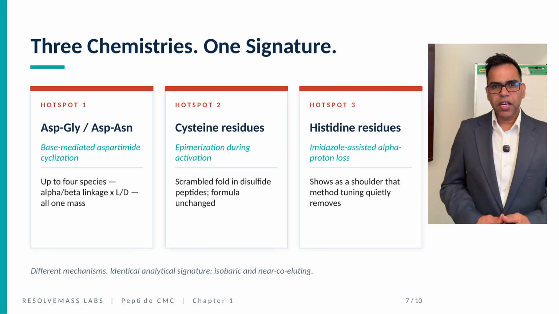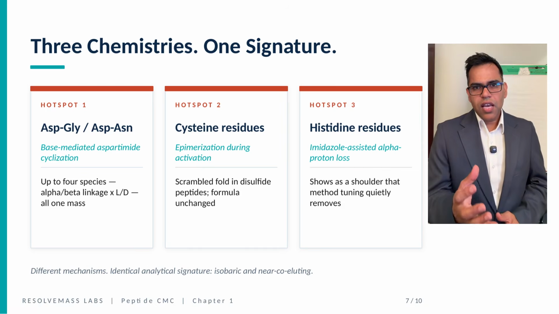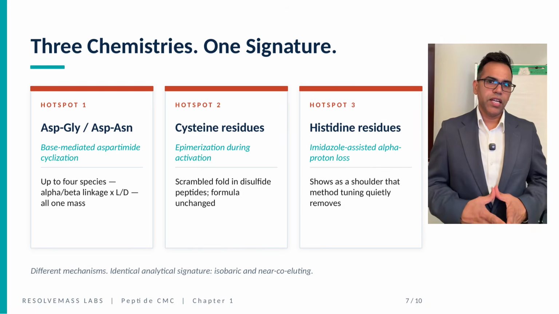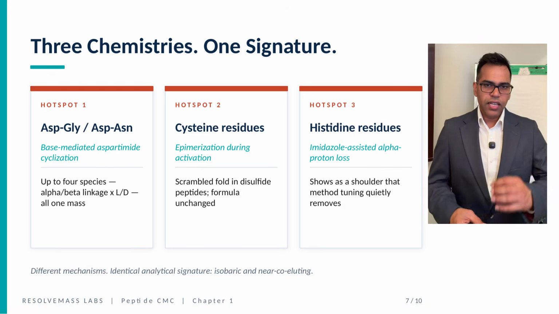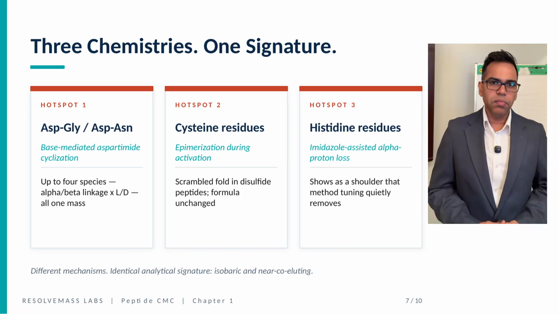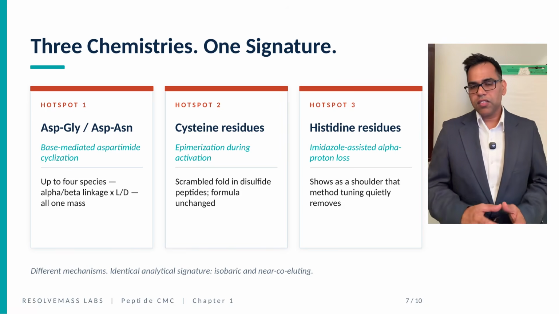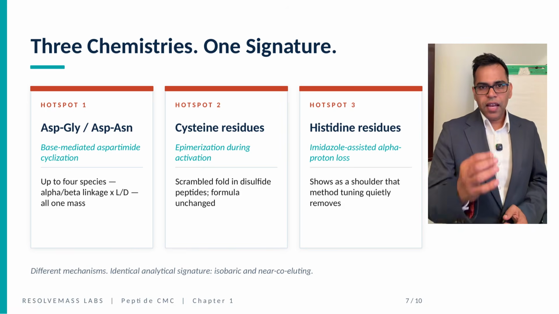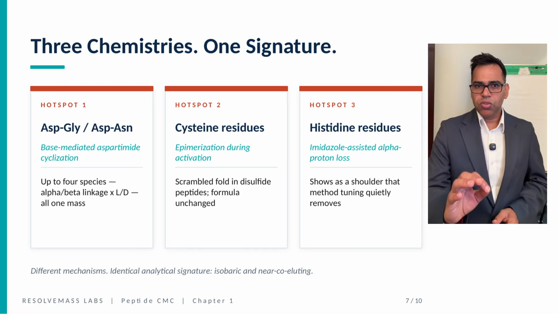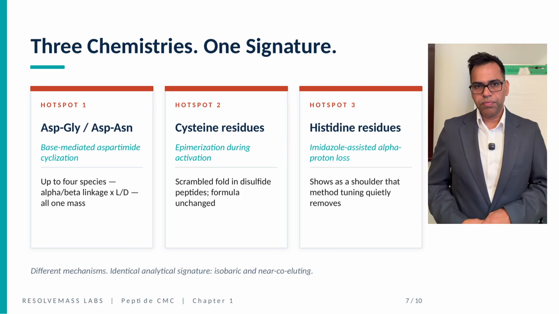Histidine epimerization usually appears as a shoulder that method development quietly optimizes out of view. At Resolve, we have worked with sponsors who arrived with a validated purity method and one unexplained shoulder and left with a chiral amino acid analysis and an impurity story a reviewer could follow.